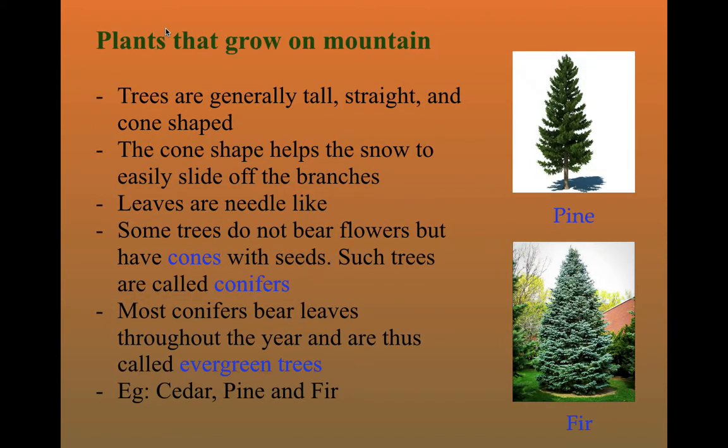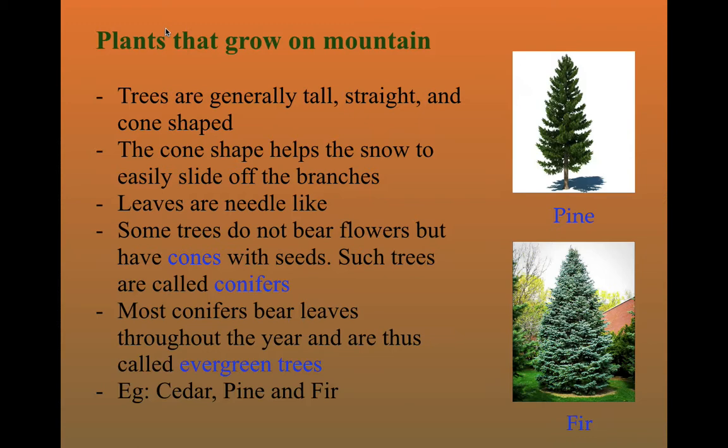Now we will check the first type, that is plants that grow on mountains. Trees and small plants such as ferns and mosses grow on mountains. Trees are generally tall, straight and cone-shaped. The cone shape helps the snow to easily slide off the branches. The leaves are needle-like to prevent any damage caused by the snow.